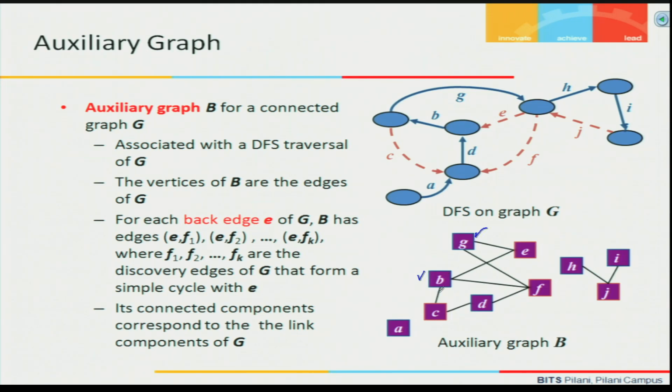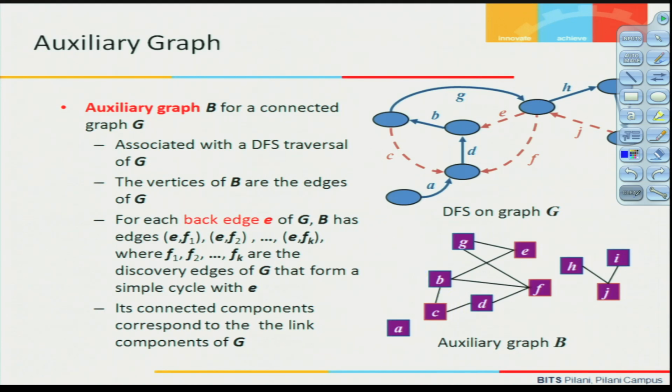So, C is going to be connected to B and D. So, using this DFS traversal and marking the edges as back edge or a forward edge, we can create another graph which is called the auxiliary graph, using edges as the vertices and using the DFS traversal for marking the edges in the auxiliary graph.